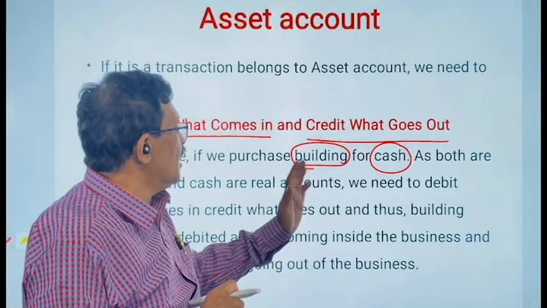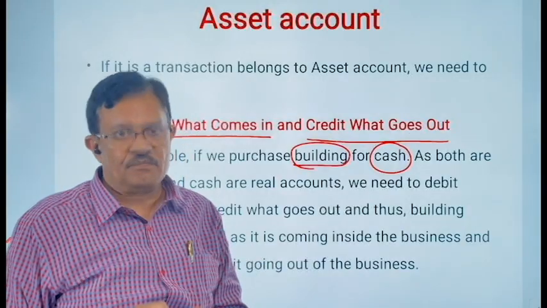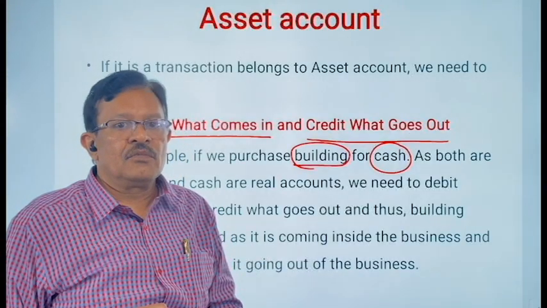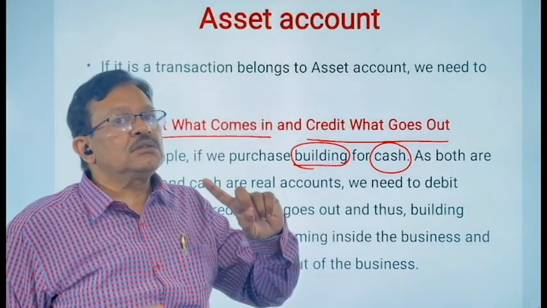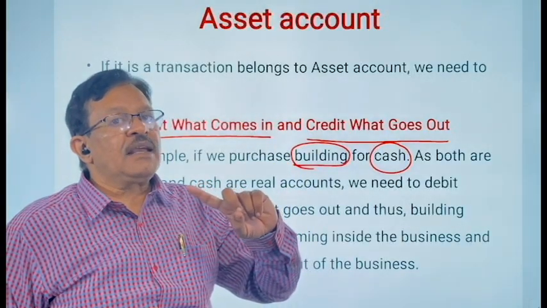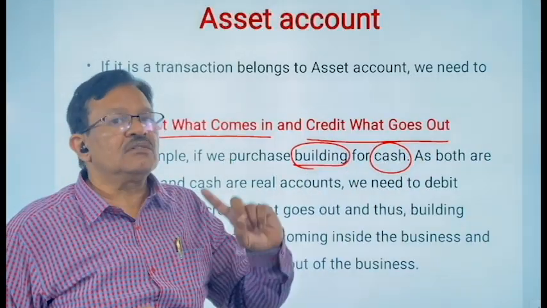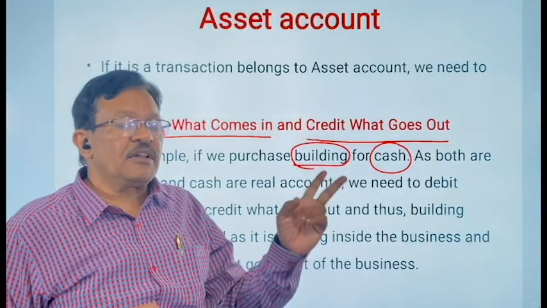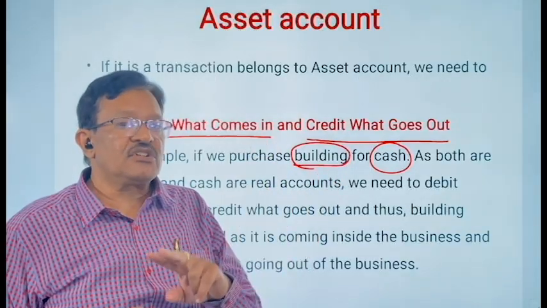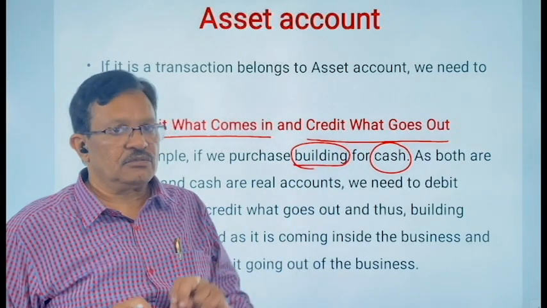For example, if the building is purchased on credit from Mr. Sham, we have to look at it from the angle of a real account or an asset account and also from the personal account, because this transaction involves both a real account and a personal account.